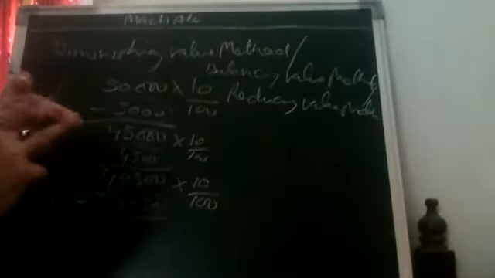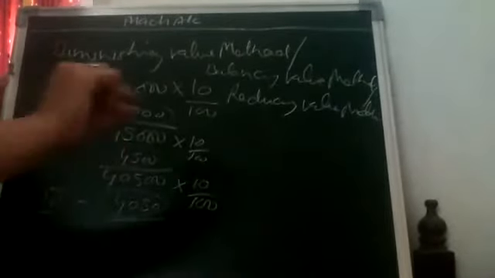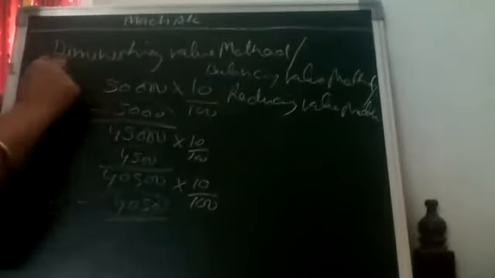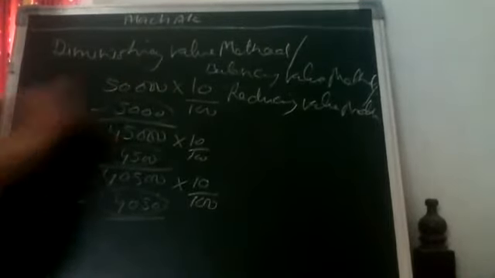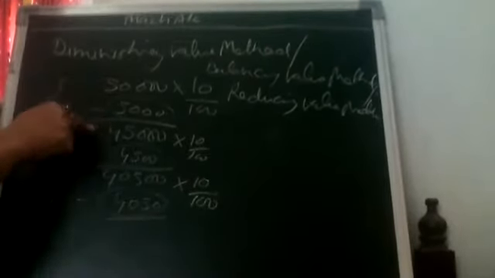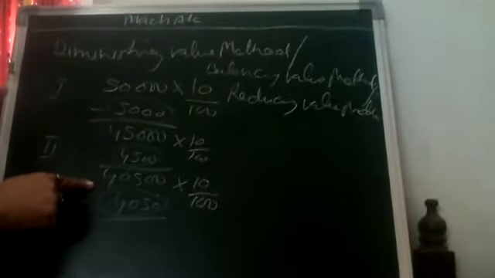And the third one was straight line method, that once the depreciation is calculated, we will go straightforward with the same amount. Okay, here the diminishing value method, reducing value method, balancing value method, because every year depreciation is reducing and we are calculating on the balancing figure. This is the diminishing value method.